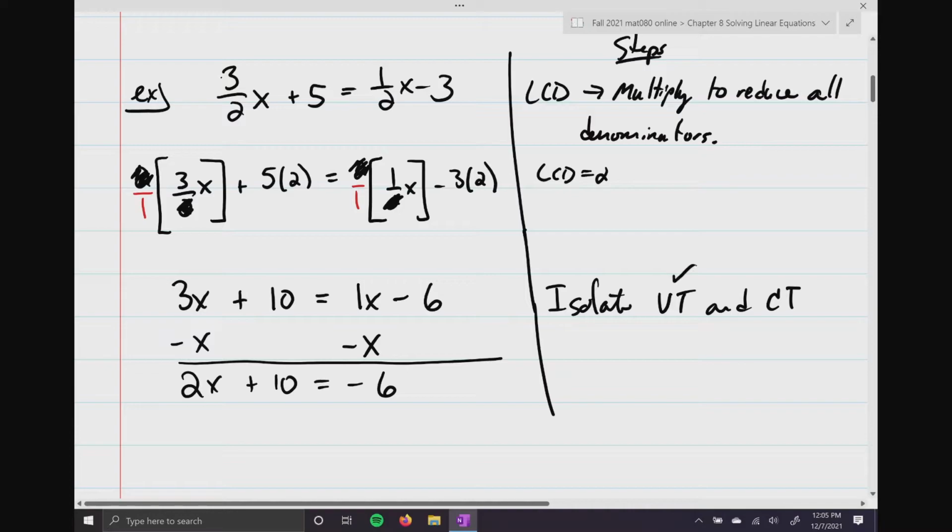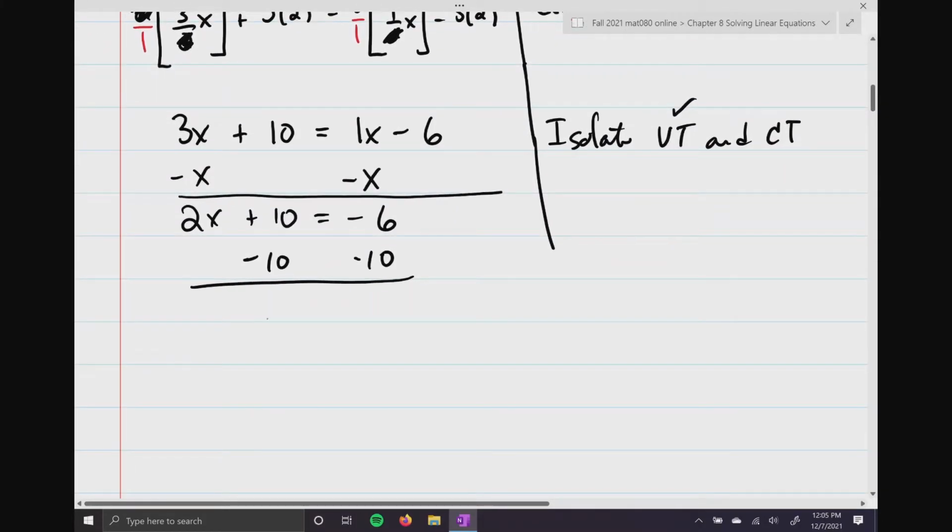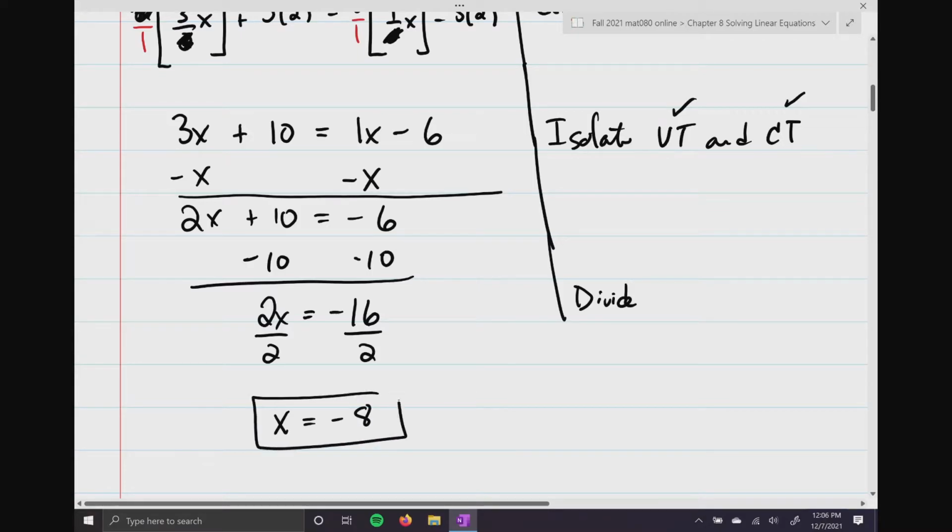I did the variable term. Now I got to do the constant term. So I subtract 10 from both sides of my equation. And that's going to give me 2x equals negative 16. Check. Now I just divide both sides by the number in front of the variable. So I get x equals negative 8.